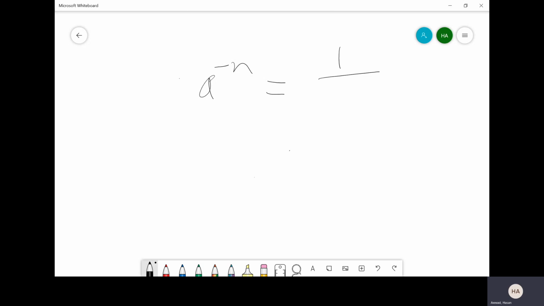When you see a negative in the exponent, that means you're going to have a fraction. And the top of the fraction, the numerator, is, unless altered by other operations or numbers, always going to be 1. In this case, nothing else is happening to a to the negative n, so the numerator is going to be equal to 1. The denominator is going to be a to the positive n.